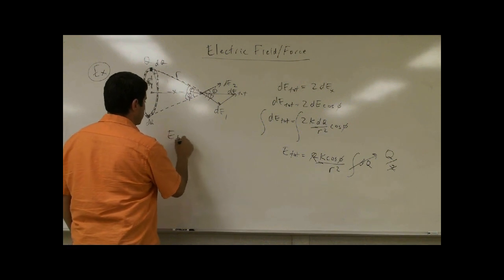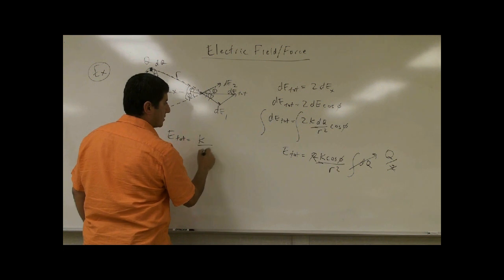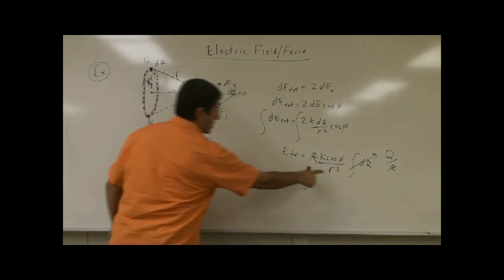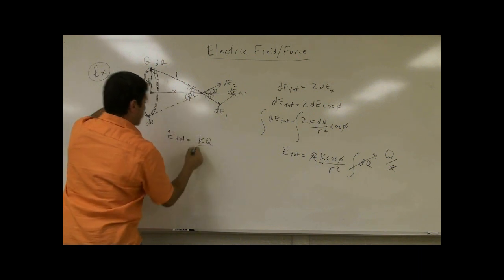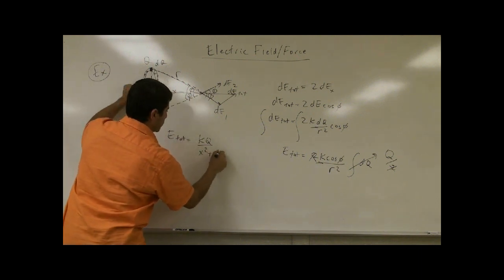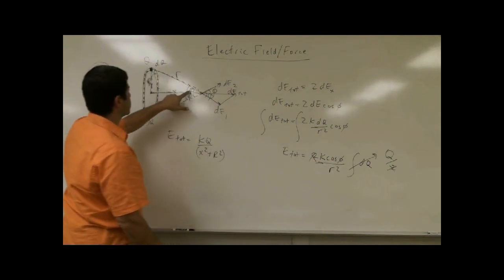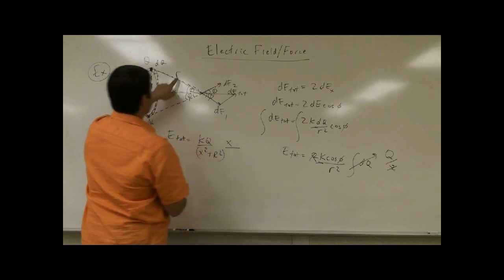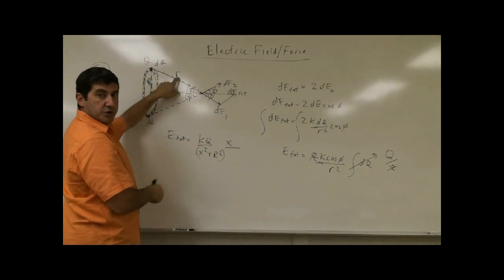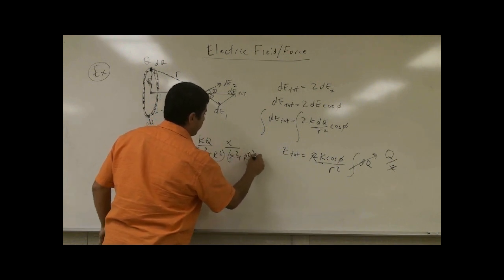E total is equal to kQ over r squared. Well, r squared is equal to x squared plus R squared. And then cosine of phi is the adjacent, x, over the hypotenuse r, which is x squared plus R squared to the 1/2 power.